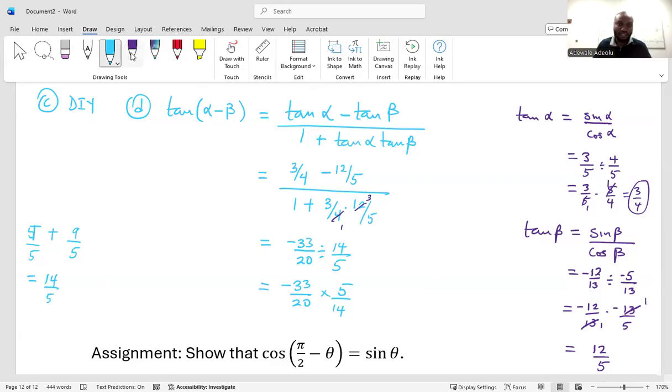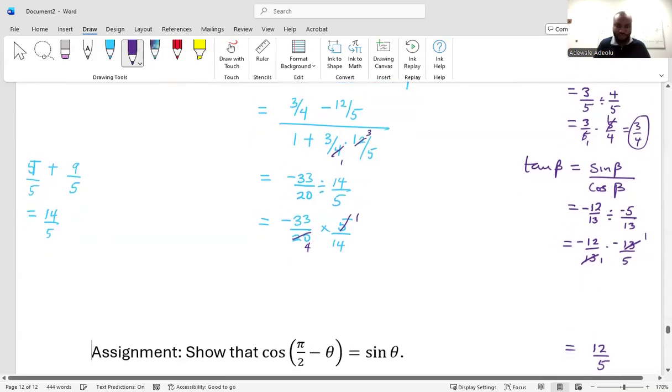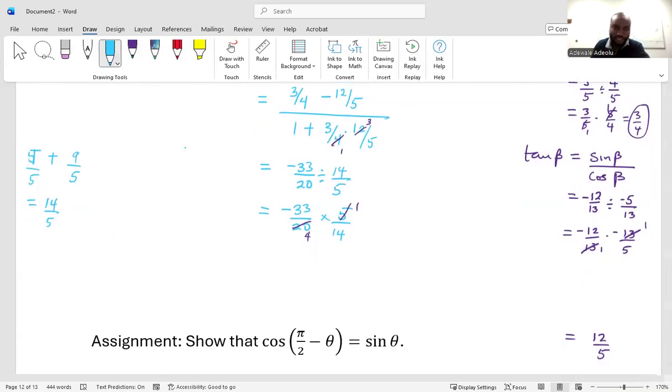So it turns out that I can say 5 here 1, 5 here 4. Doesn't seem I can reduce anything again. So I can just claim that this is negative 33 divided by 4 times 14. So answer. If everything goes fine with my arithmetic, then that should be the answer.